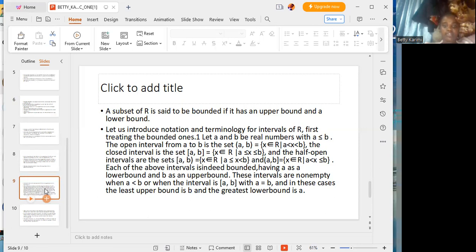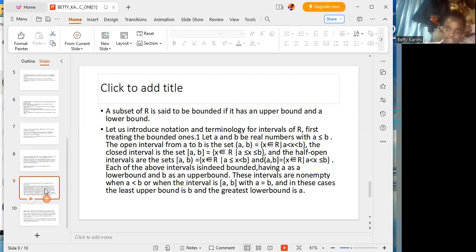The closed interval is the set [a,b] equal to x element of R such that a less than or equal to x less than or equal to b. And the half open intervals are the sets [a,b) equal to x element of R such that a less than or equal to x less than b, and (a,b] equal to x element of R such that a less than x less than or equal to b.